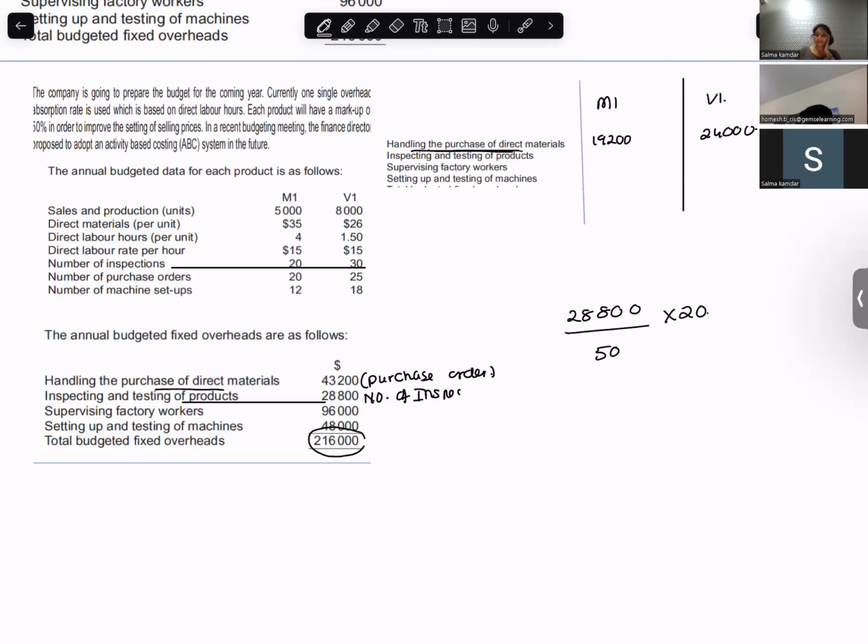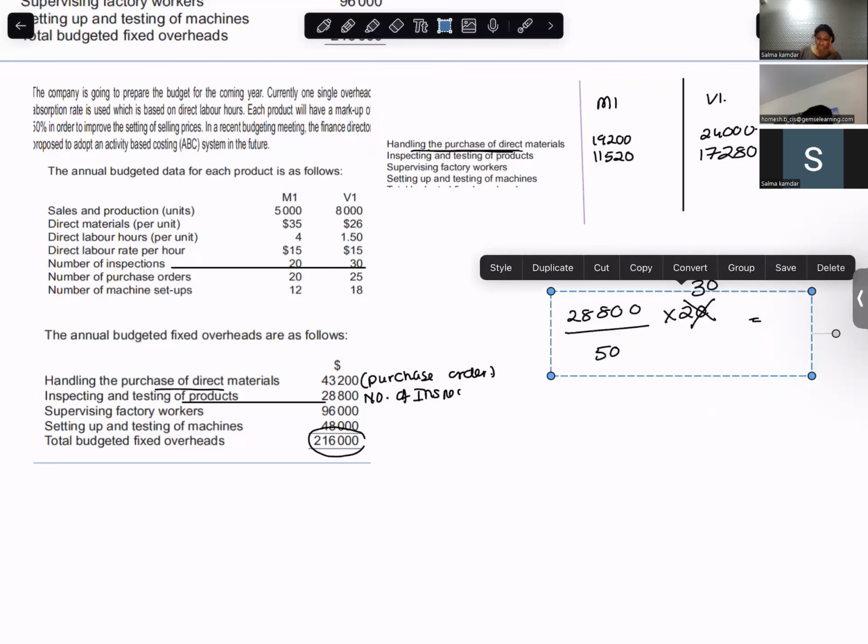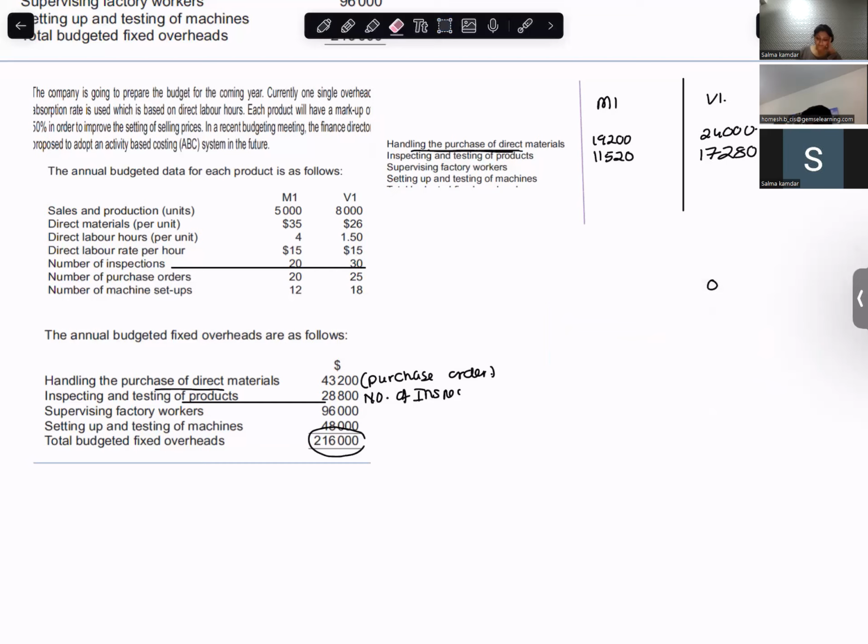Into 20 is 11,520 for M1. And into 30 comes up to 17,280.